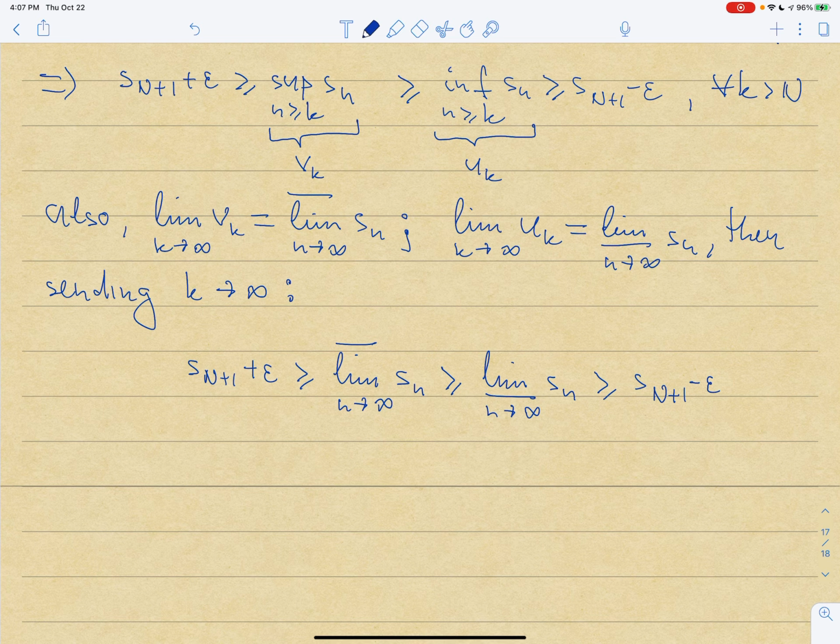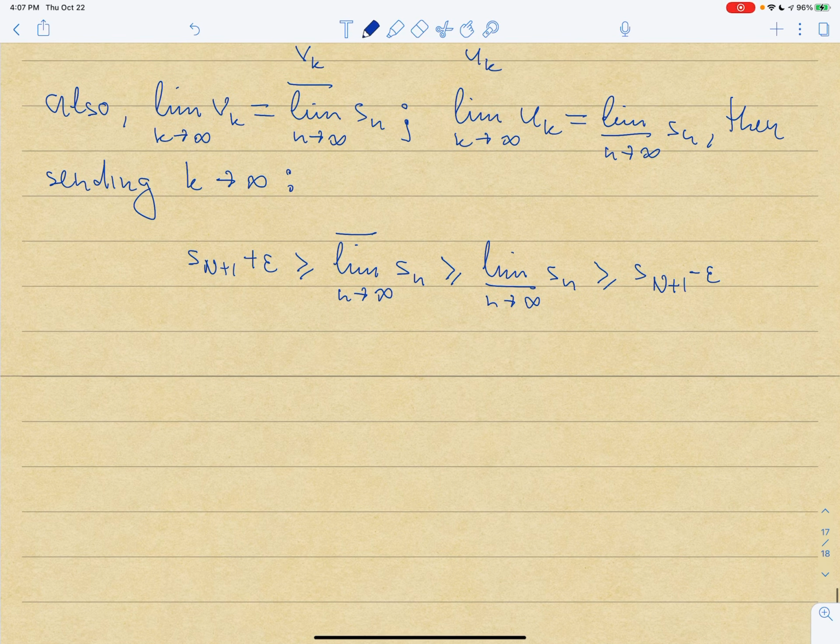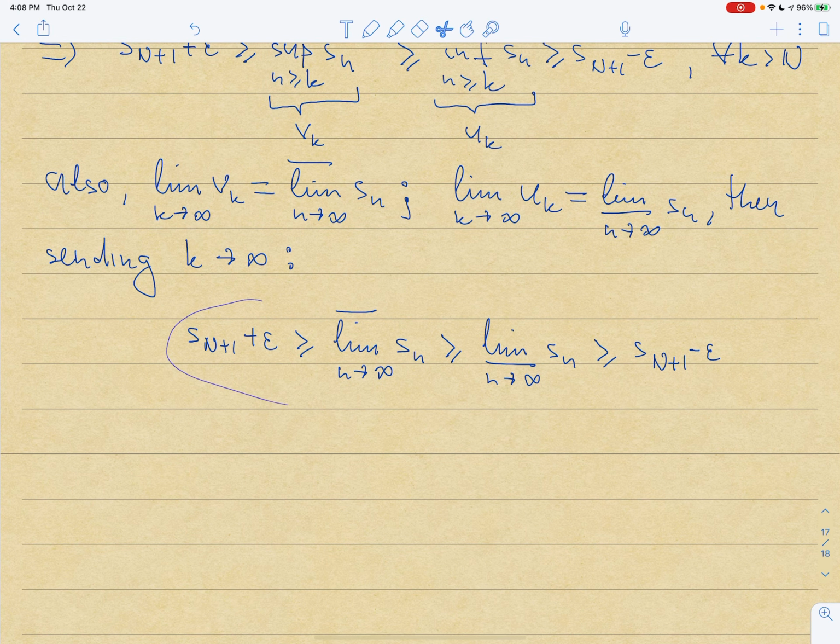All right, so what can we do with this? We're going to only consider a part of this inequality. In particular, I'm just concerned with this part. So remember that I got this inequality by fixing little m, a long time ago here. At some point we fixed m to be capital N plus 1, and that led us to this inequality.